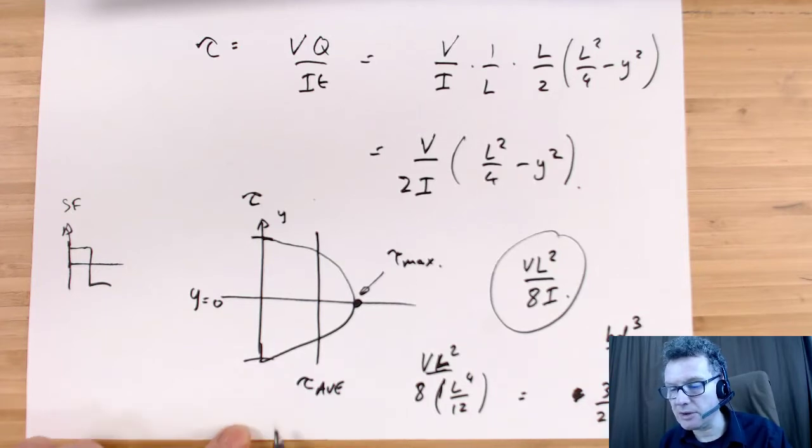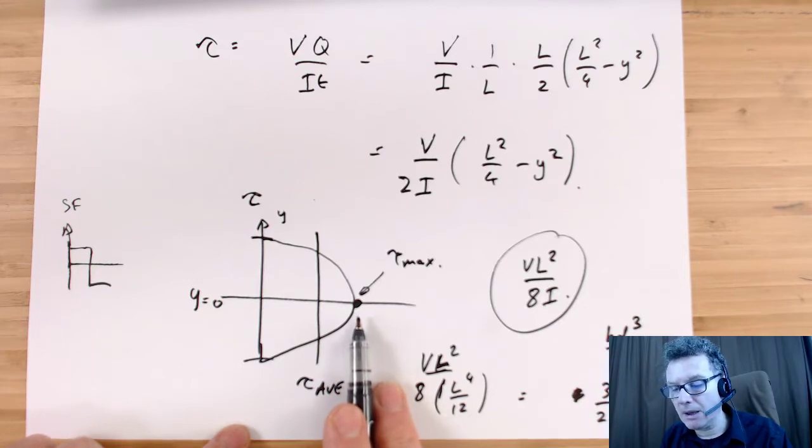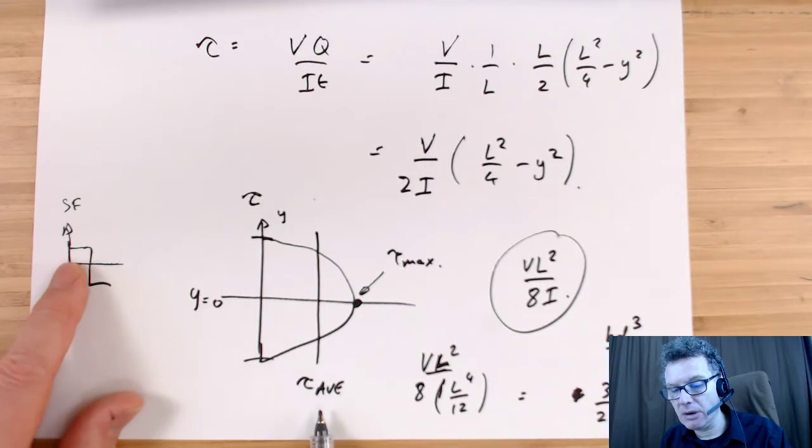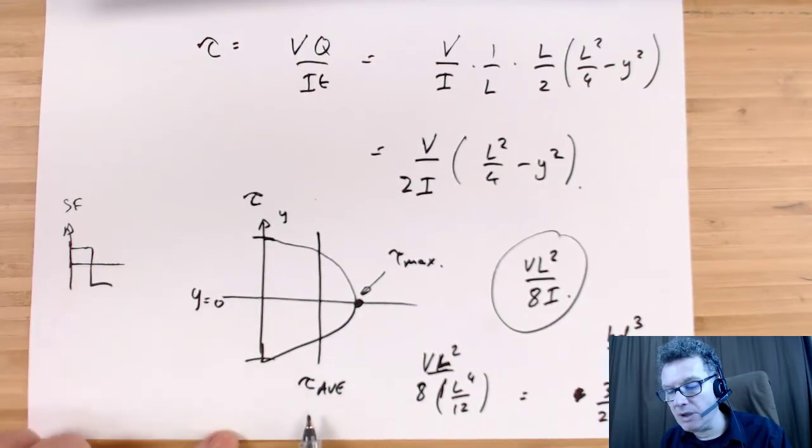Well, in actual fact, with this analysis, we see that the shear actually peaks in the middle of the beam, and the value that I've calculated, if I just take it from the shear force diagram, will give me the average shear.